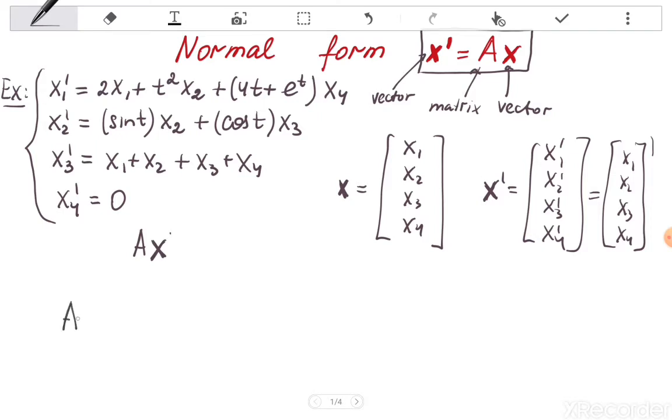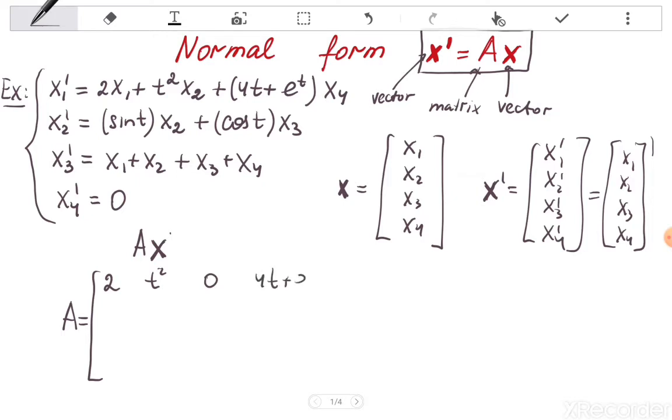So the first row of the matrix A, you look at the first equation and you list the coefficients of x1, x2, x3 and x4. So x1 is 2, x2 is t squared. We don't have x3 here, so it means that the coefficient is 0.